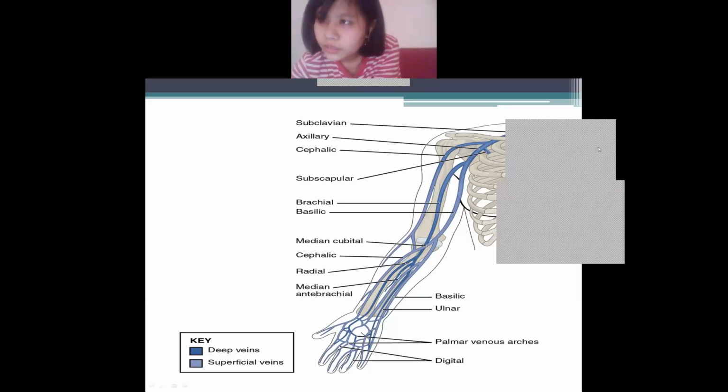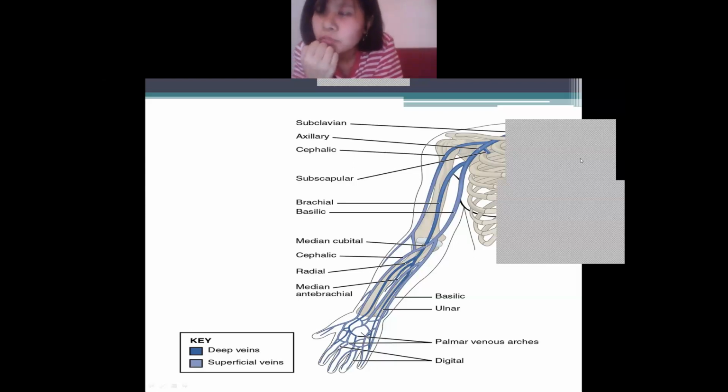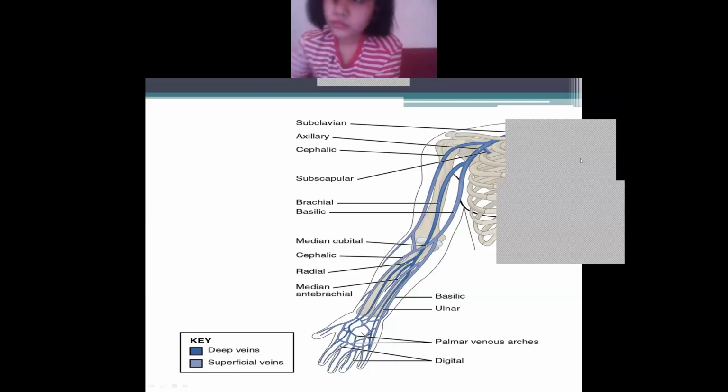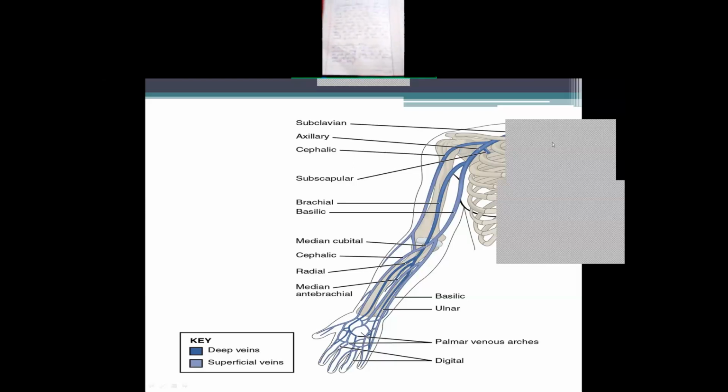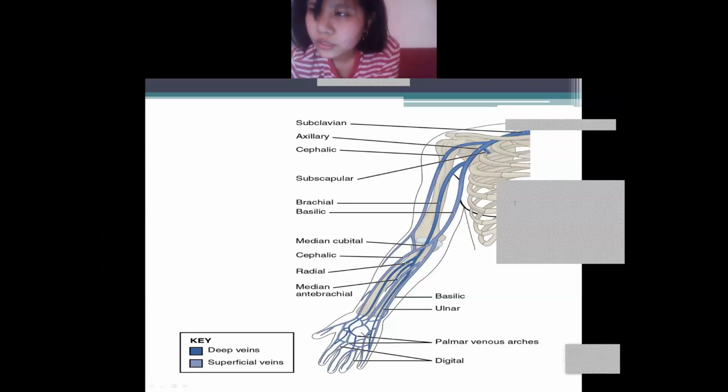What is this red color thing? Earphone, ma'am. Please bring closer so that I can see. Show me your diagrams also. It's okay, you can turn off your video. Okay, ma'am. Next, Darshana.